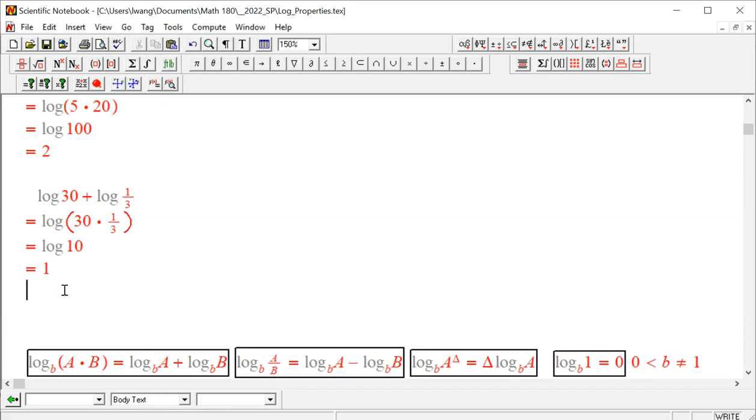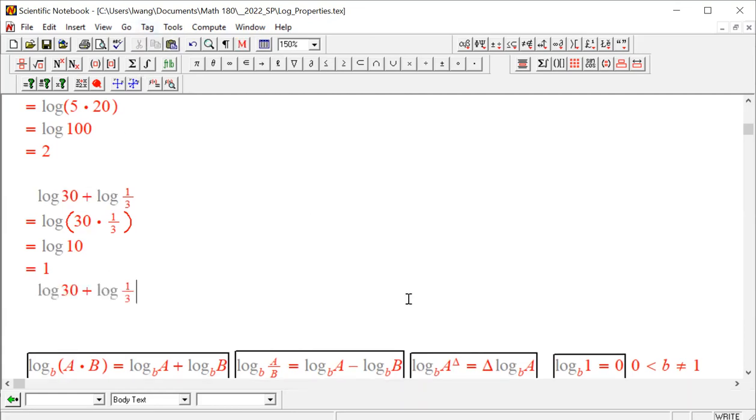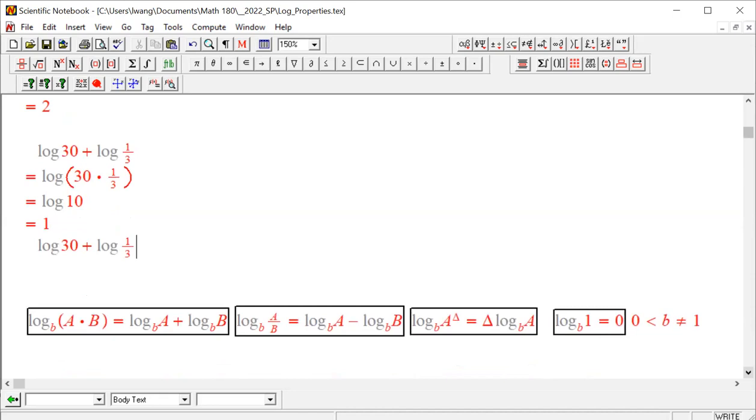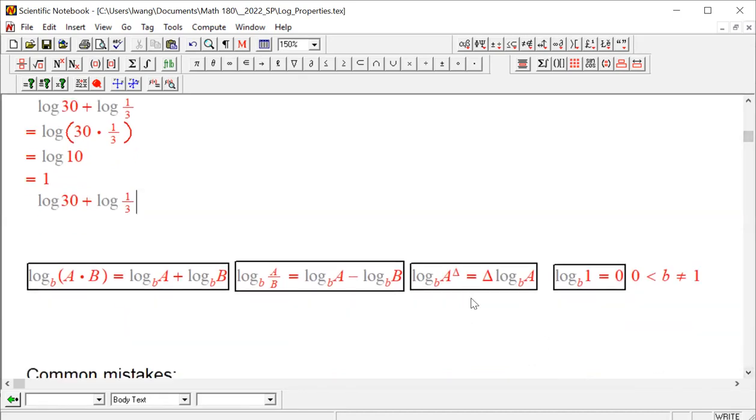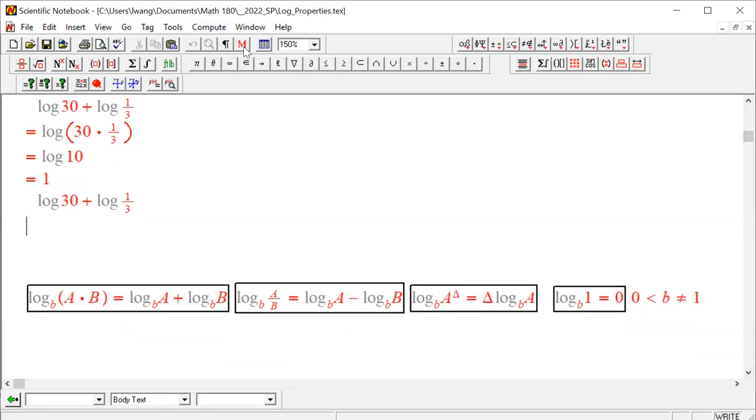But I do want to show you another way to do it. In many cases, there is more than one way to do a particular question. I can see this as log 3 times 10, and this one as log 1 divided by log 3.